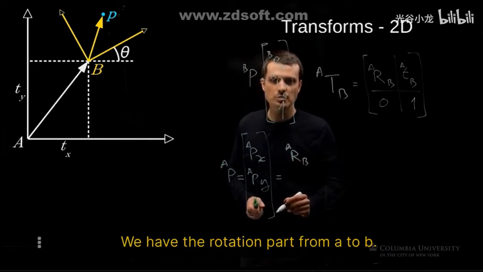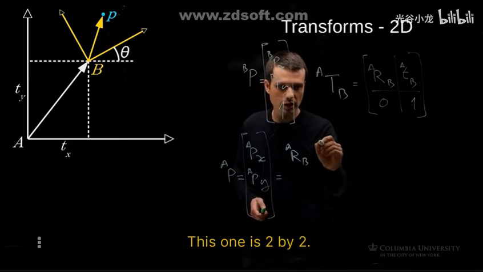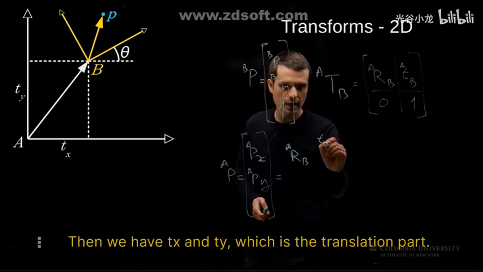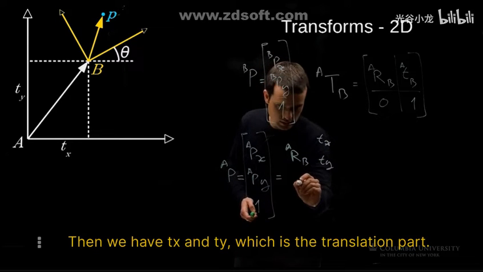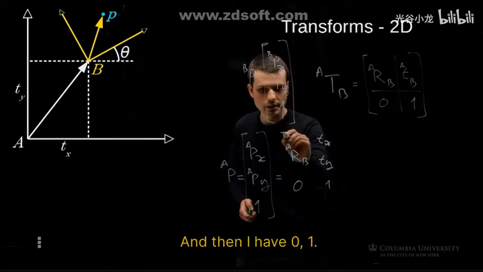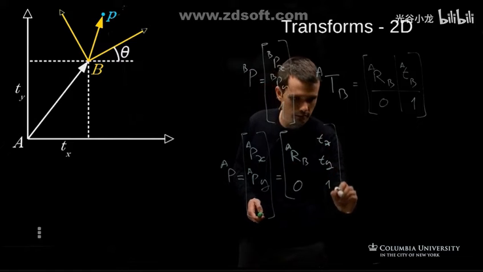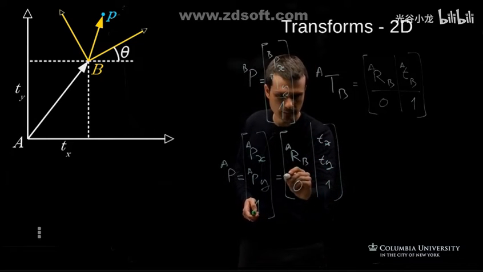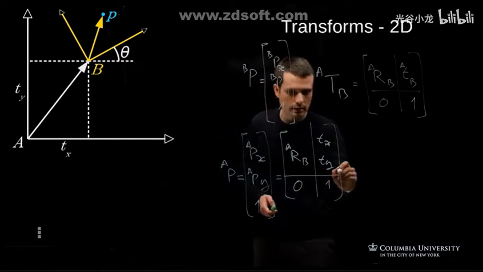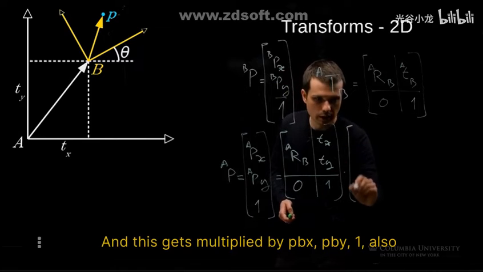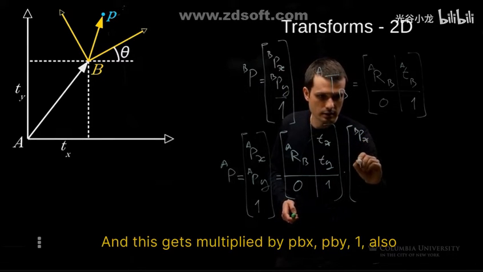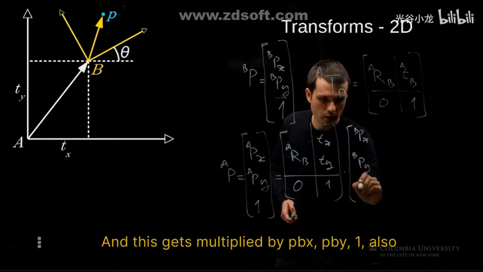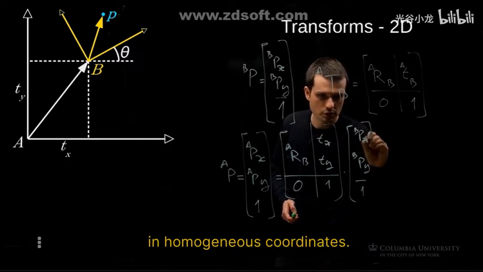We have the rotation part from A to B. This one is 2 by 2. Then we have Tx and Ty, which is the translation part. And then I have 0, 1. And this gets multiplied by PBx, PBy, 1, also in homogeneous coordinates.